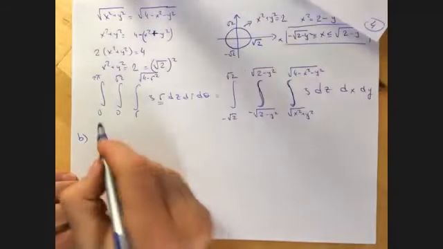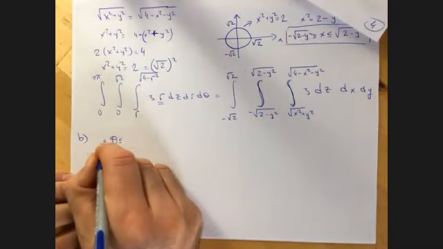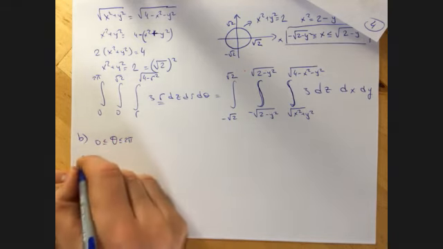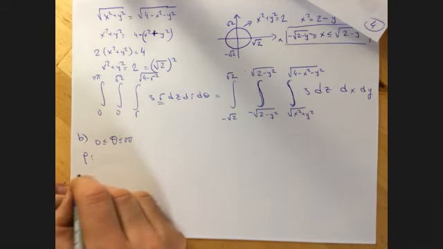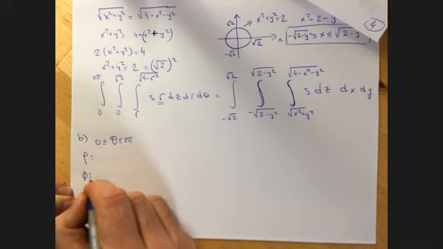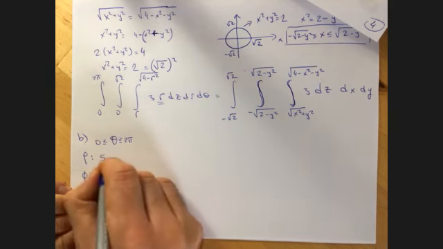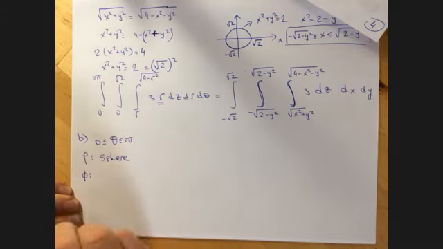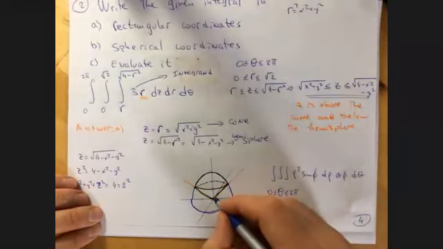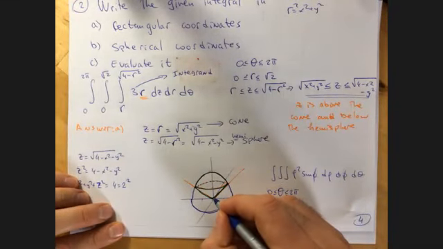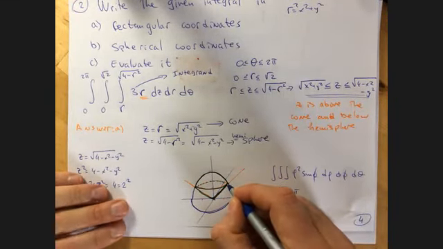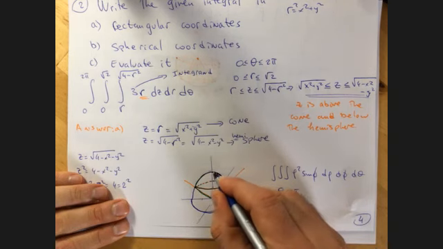So I have theta between 0 and 2 pi. How am I going to find rho and phi? Well, I'm going to find rho from the sphere, because as you can see here, the upper limit on rho is constant. It goes from 0 to the hemisphere, and it's the same here.